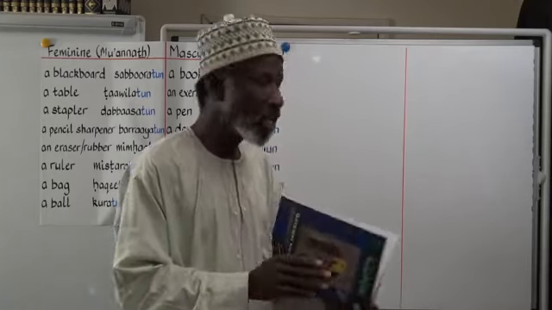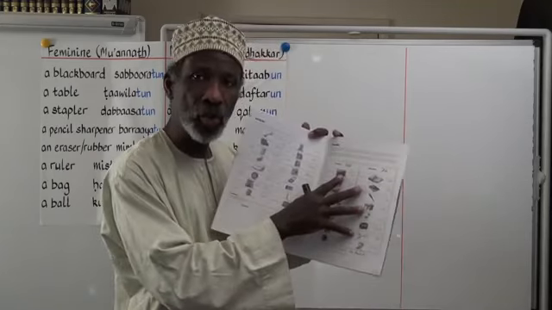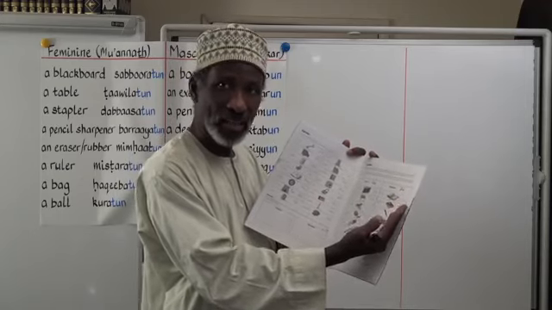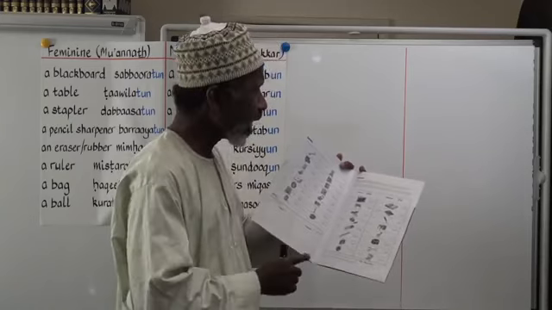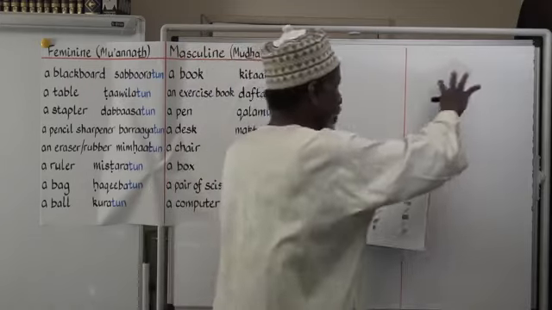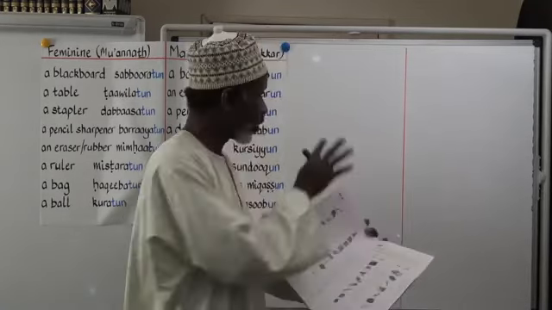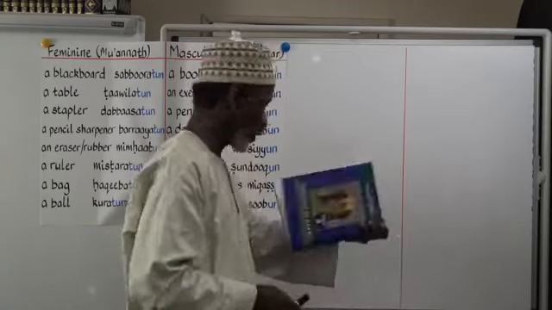Let's start with the list on page 2. You are reading from right to left across the page. Let's make two lists. One section this side will be for mudhakkar, masculine, and the other side will be for mu'annath, and then we'll talk about it.